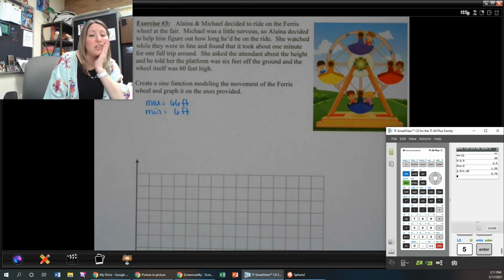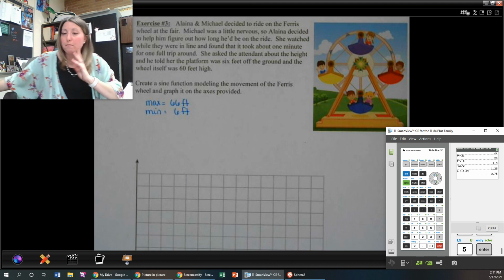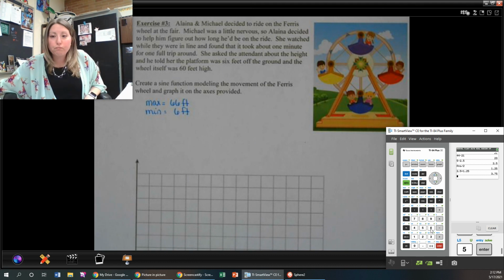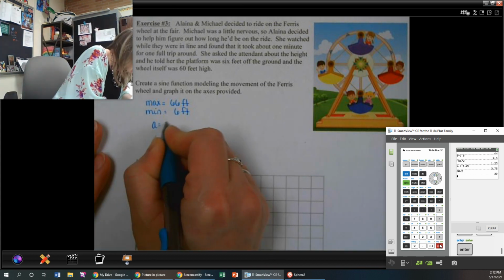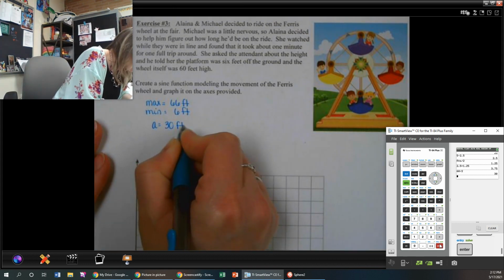After that, let's see. So if I've got 60 between them, let's do 60 divided by 2. That's going to give you my amplitude. That means my amplitude is 30 feet, right?